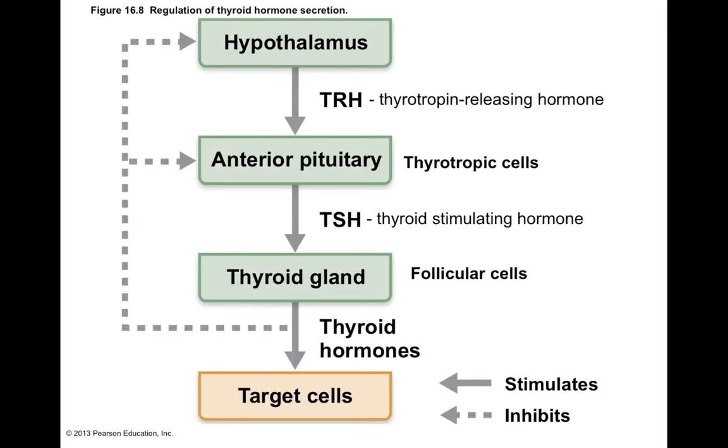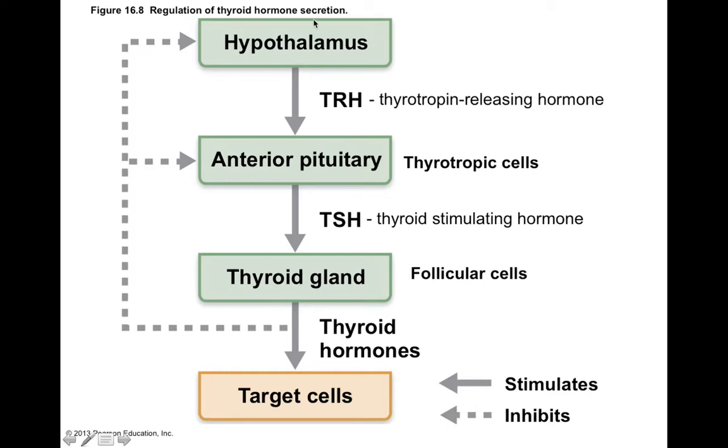Now, the way that thyroid hormone gets secreted by the thyroid gland is that it has to be stimulated by other hormones. So what we're looking at here in this slide is the feedback mechanism by which thyroid hormone is released. And it all starts up here at the hypothalamus. Now, if you remember, the hypothalamus was a brain structure in the diencephalon.